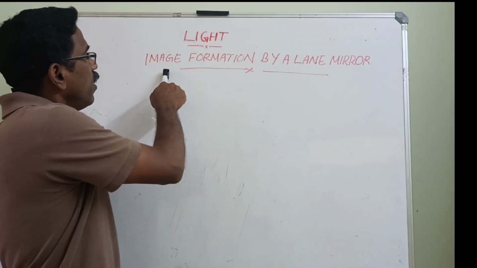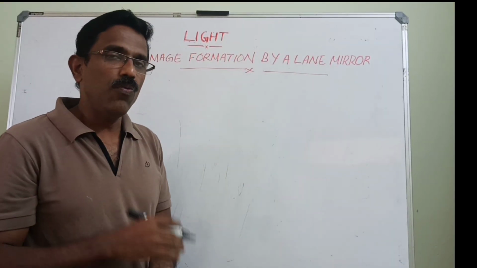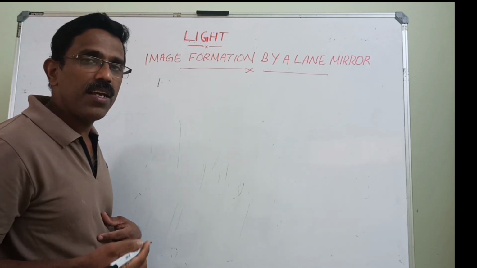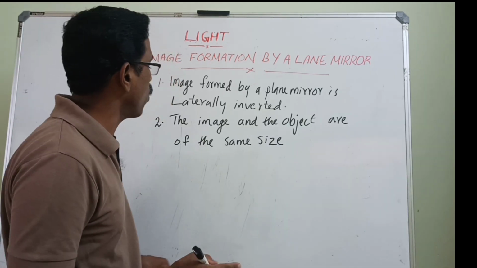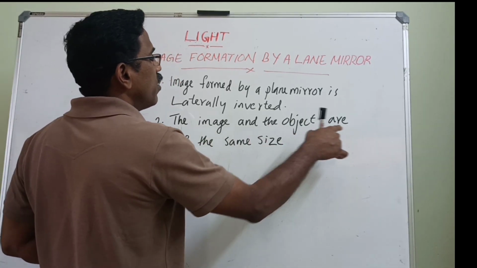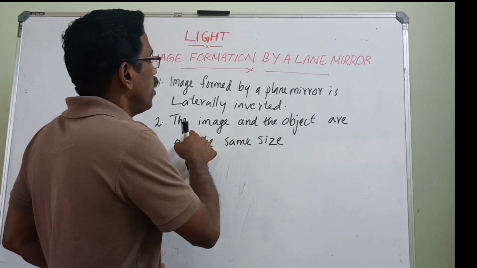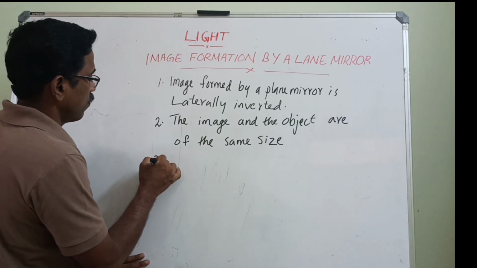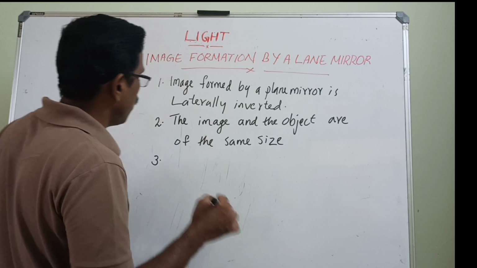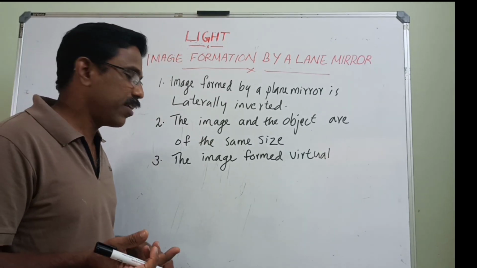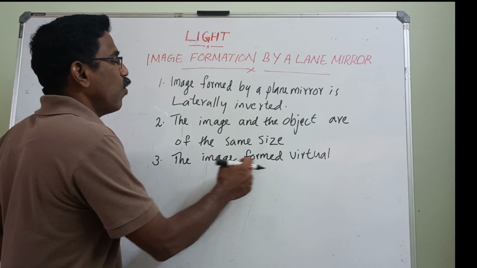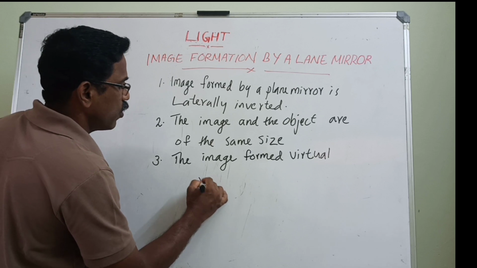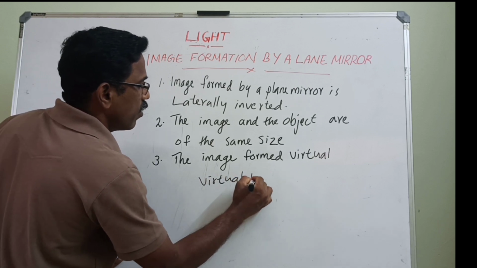Let us discuss the image formation by a plane mirror. We have already seen that the image formed by a plane mirror is laterally inverted. Another characteristic property is that the image and the object are of the same size. The third characteristic of the image is that the image formed is virtual. What is a virtual image? What is the difference between a virtual image and a real image?